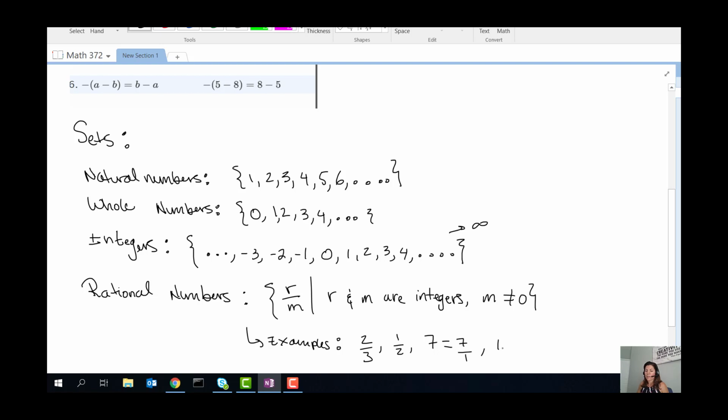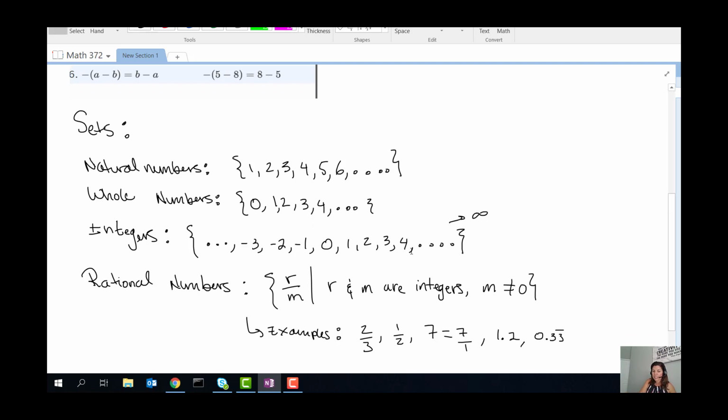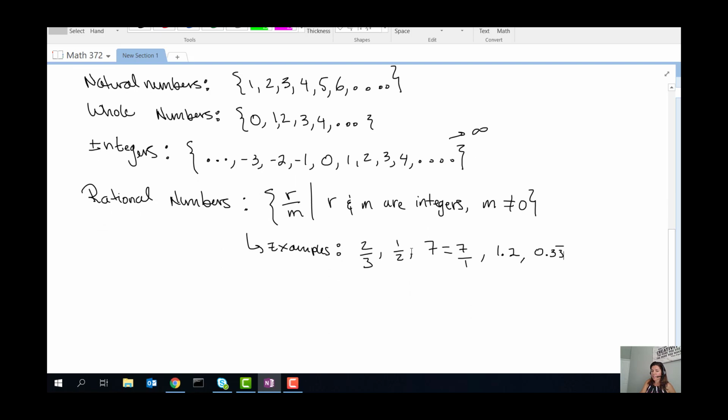What else? 1.2 is a rational number because it can be written as a fraction. 0.33 repeated, that also comes from 1/3. So these are examples of rational numbers. Think of anything that can be written as a fraction. When you think of decimals, it will be a terminating decimal or a repeating decimal, and those can be written as a fraction.